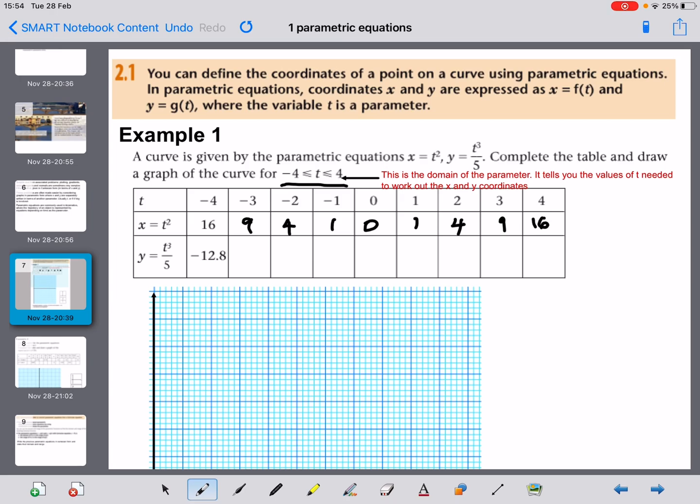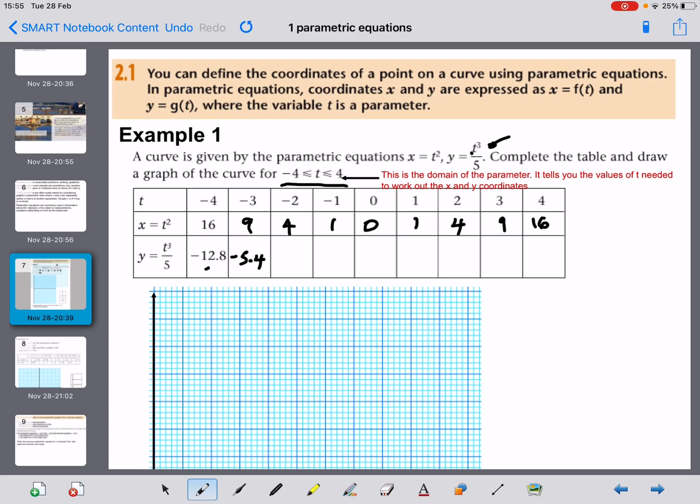Now we can work out our y coordinates by substituting the t values into our y parametric equation. So when t is -4, y is -4 cubed divided by 5, which is -12.8. When t is -3, y is -3 cubed, which is -27, divided by 5, which is -5.4.